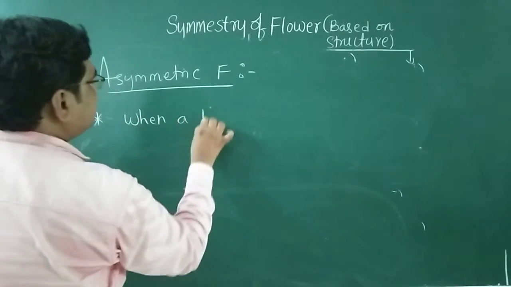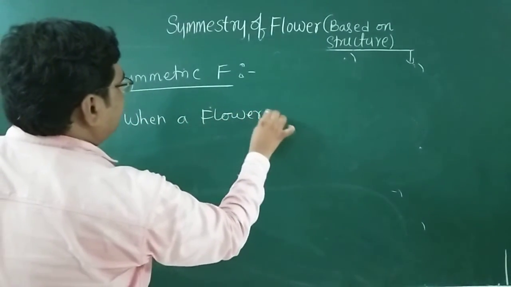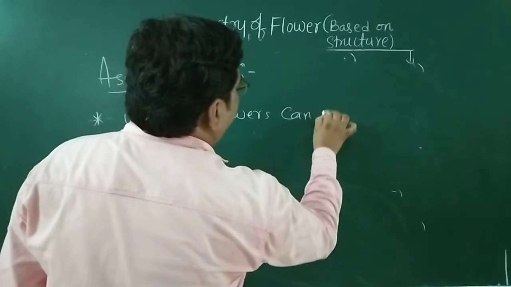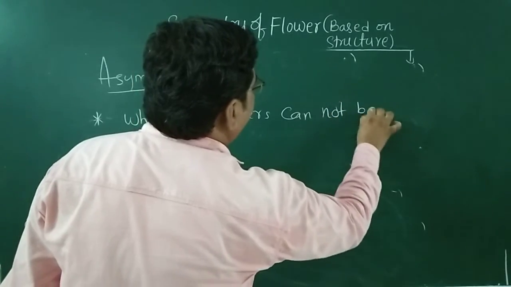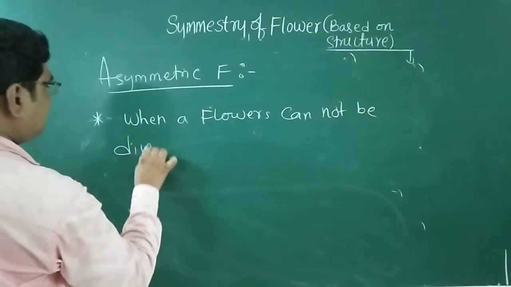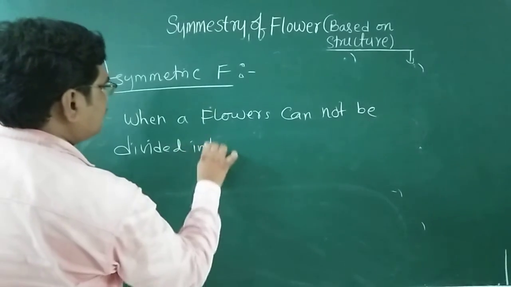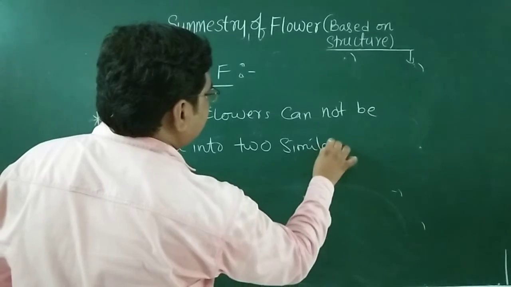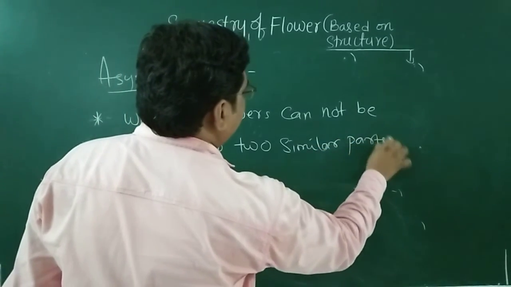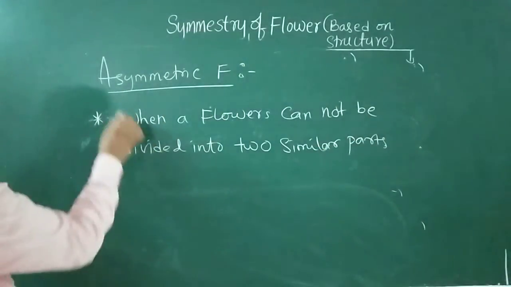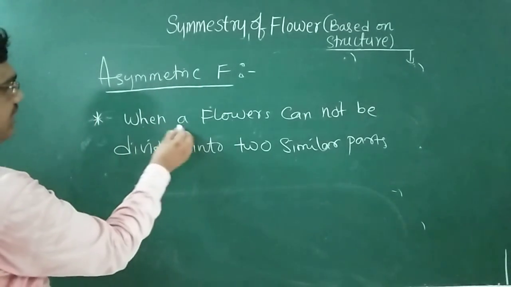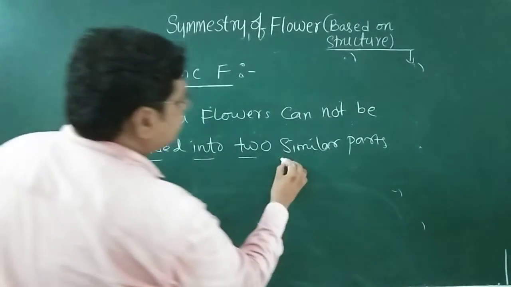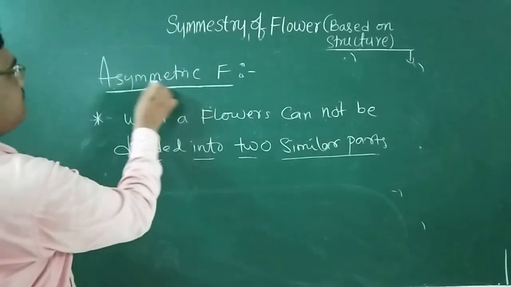When a flower cannot be divided into two similar parts, that is an asymmetric flower.